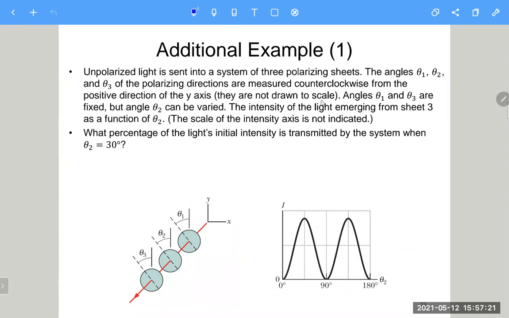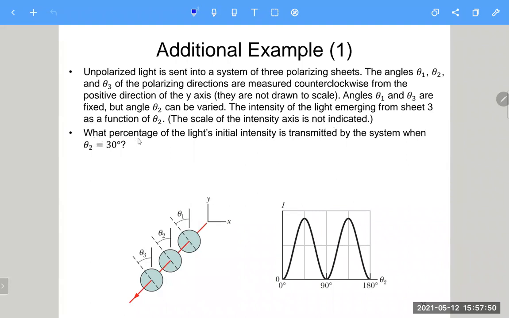They are not shown to scale. Angles theta 1 and theta 3 are fixed, but angle theta 2 can be varied. The figure shows the intensity of the light emerging from sheet 3 as a function of theta 2. The scale of the intensity axis is not indicated.